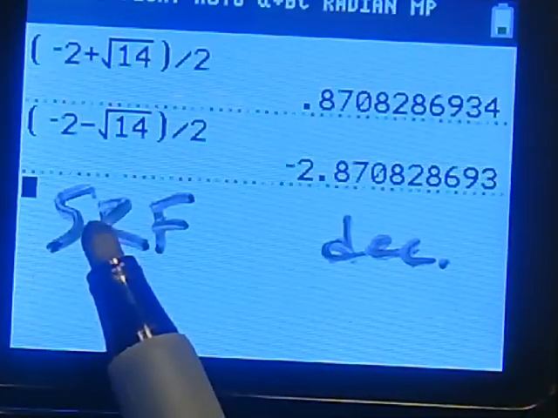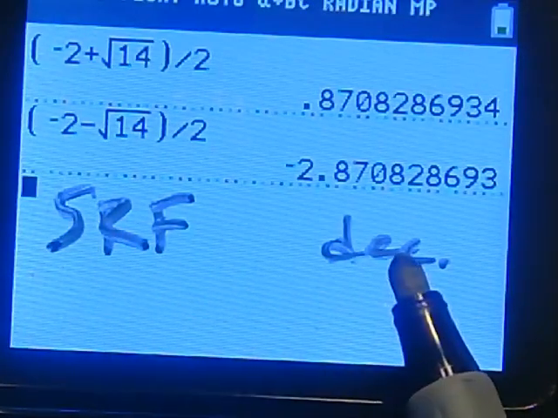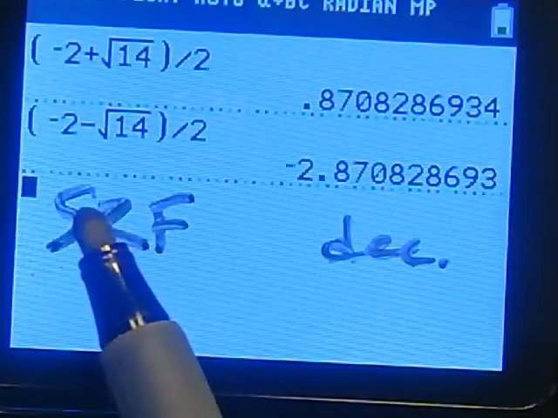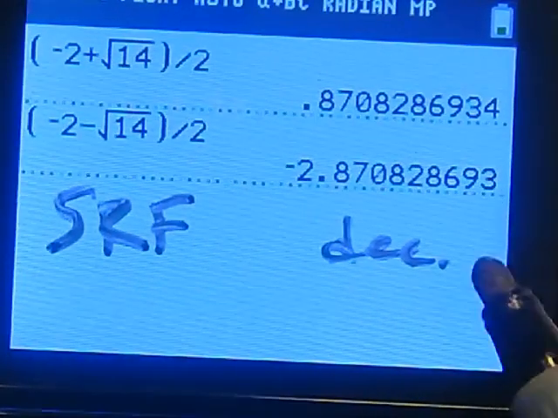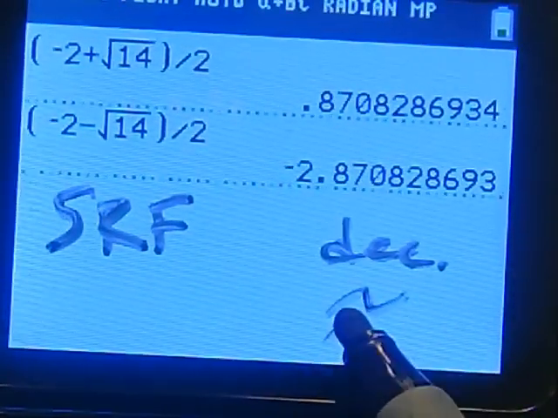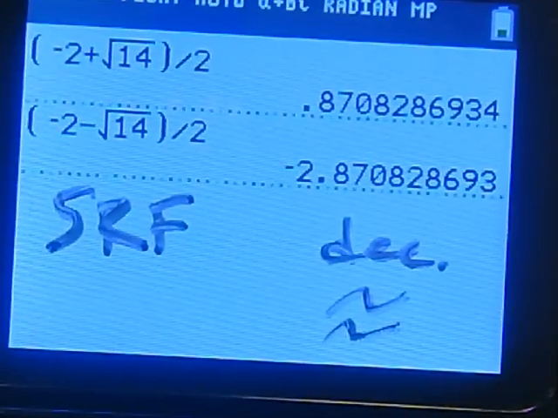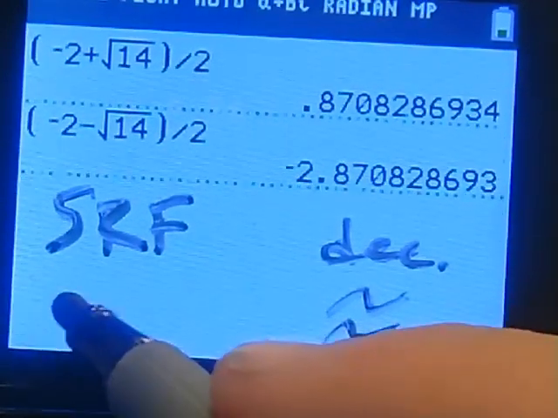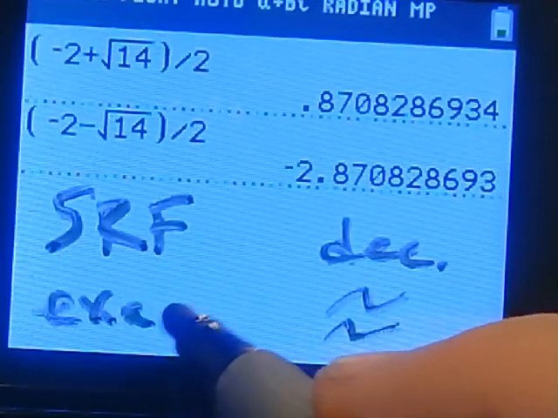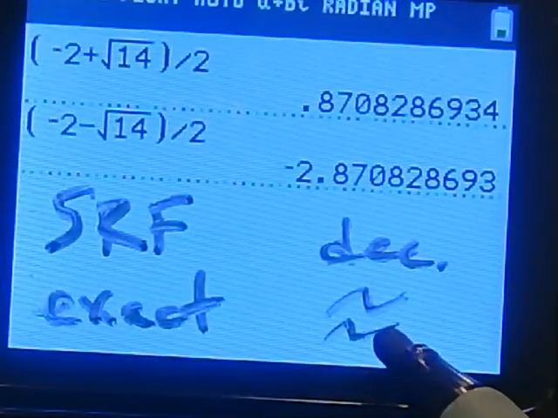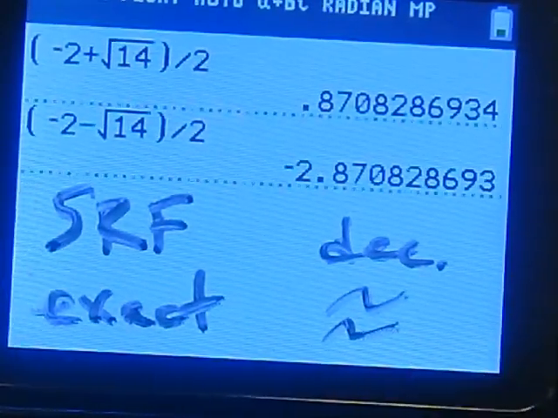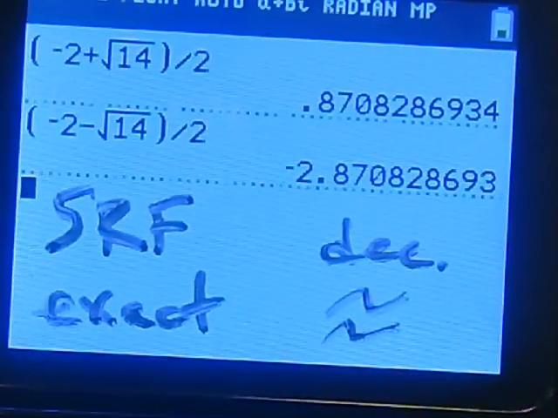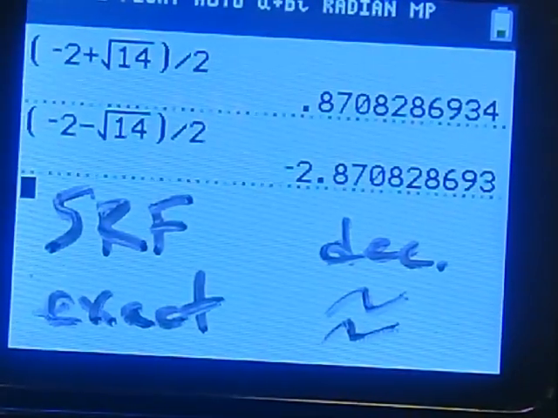Yeah, this is more accurate because it's not been rounded. This decimal, we have rounded it to be able to write it down. This is a more accurate answer. The decimal is really an approximation. So if it asks for an exact answer, this is exact. And this one is approximate. Just make a note of that when you're doing these problems. That simplest radical form is really more accurate.